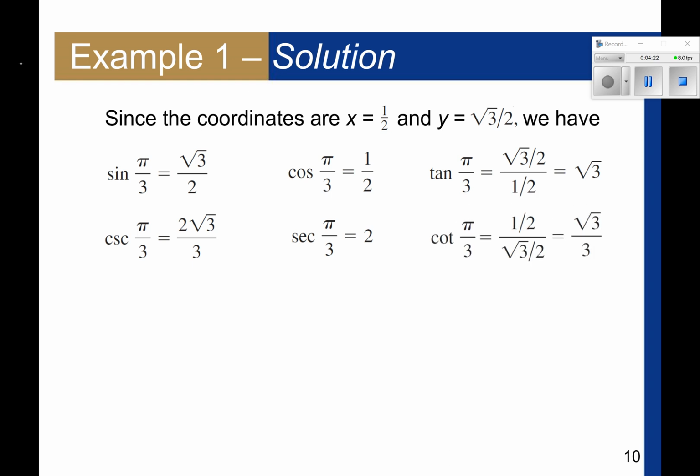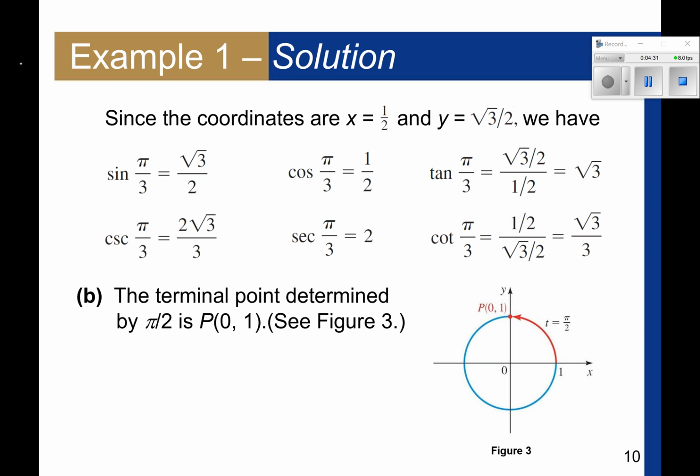And cotangent, again, a little bit of work there to put it in simplest radical form. And yes, you should have all of those on your note card. But again, they're trying to show you here how really simple this should be if we understand the unit circle and if we know what those points are, what those coordinates are.